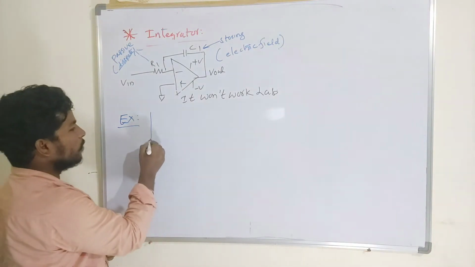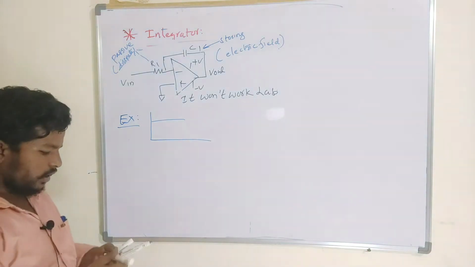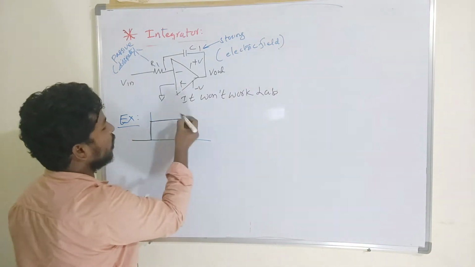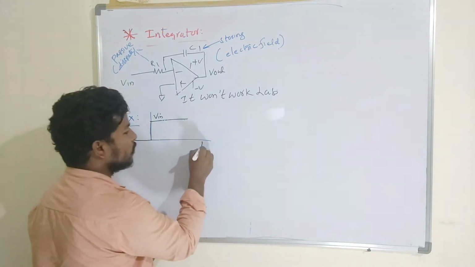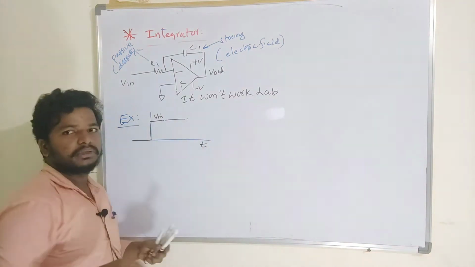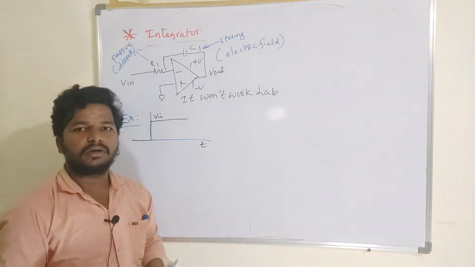I want to apply one step signal, which is 0 for t less than 0 and has some amplitude for t greater than 0. If I apply this input to the circuit, how will it react?